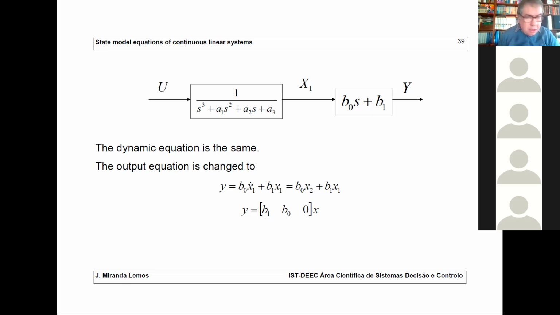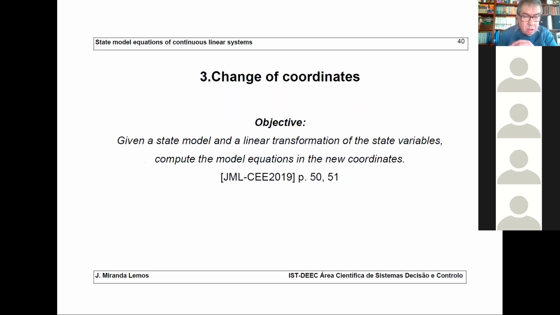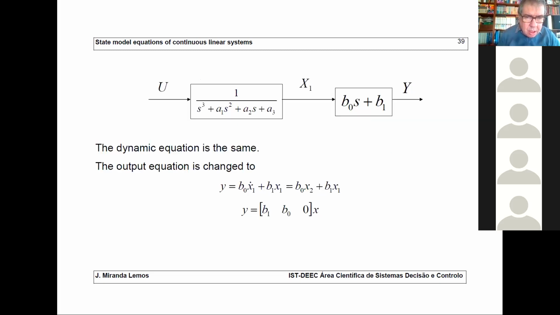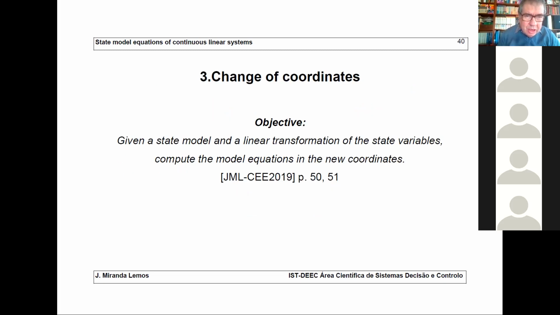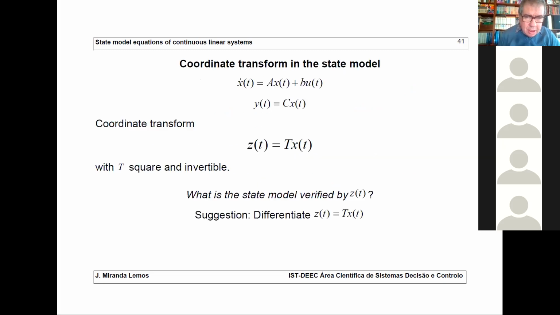So at this moment, we know if I give you a transfer function, you give me a state model. If I give you a state model, you give me a transfer function. Okay? Now, let's suppose that I do a change of coordinates.